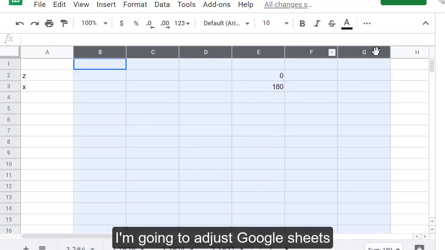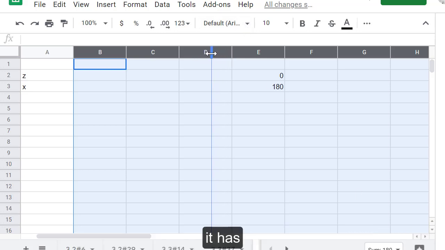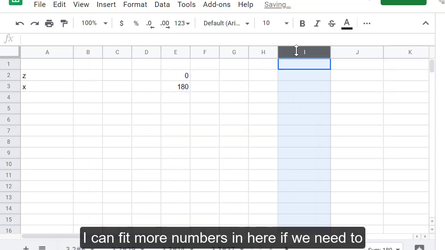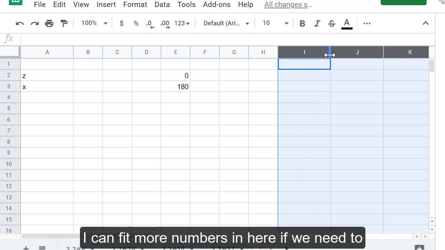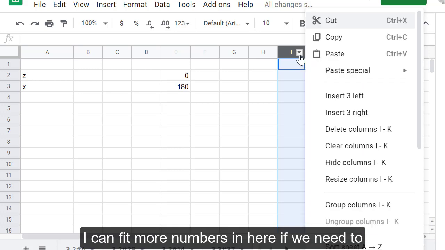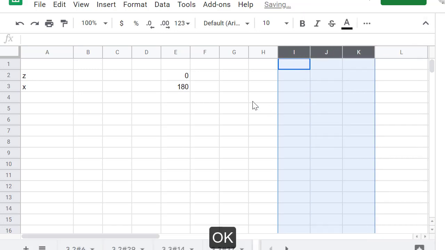I'm just going to adjust my spreadsheet so that I can fit more numbers in here if we need to. Okay.